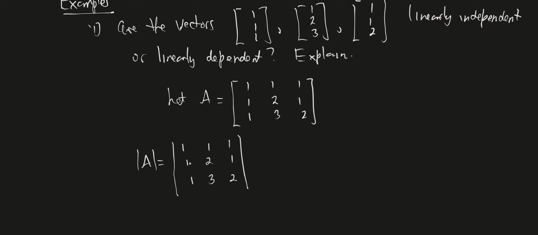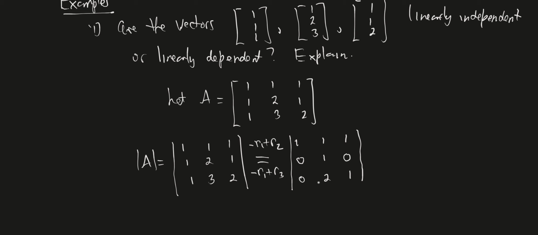So I have my pivots there. Let's do negative row 1 plus row 2, negative row 1 plus row 3. And we know that doing these two operations does not affect the value of the determinant. So we'll have our 1, 1, 1, 0, 1, 0, and then 0, 2, 1.